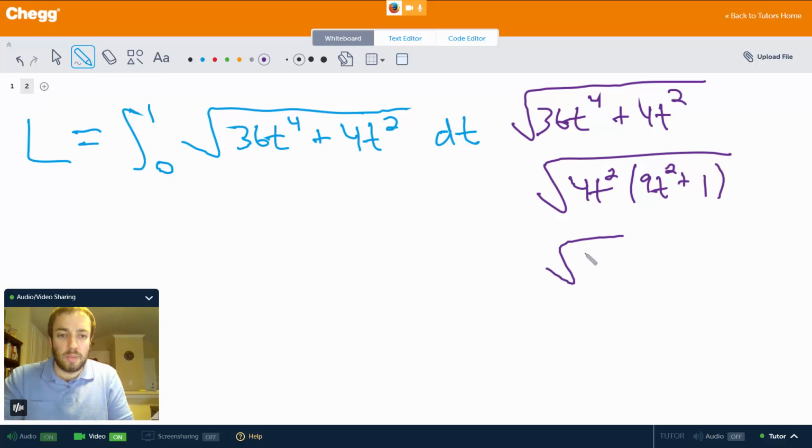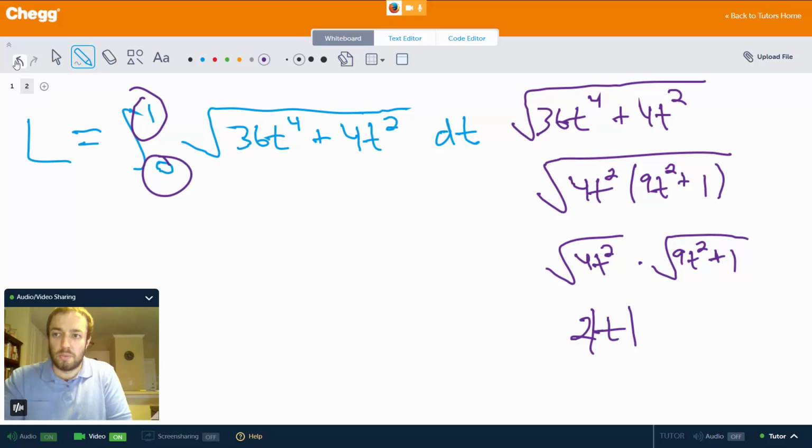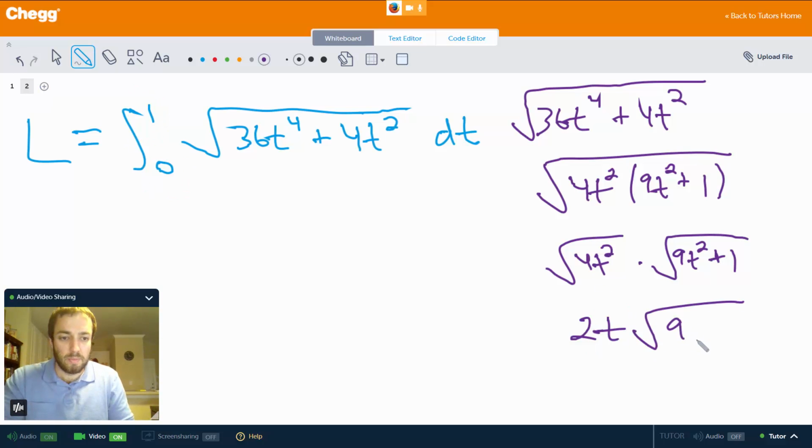So we can split that up as the square root of the first thing times the square root of the second thing. 9t squared plus 1. And 4t squared, if we take the square root of that, that actually simplifies pretty nicely into just 2t. Now, technically, we should have absolute values around the t, but t ranges from 0 to 1, so we don't have to worry about absolute values. But I do want to point that out just in case that is something that you have to worry about.